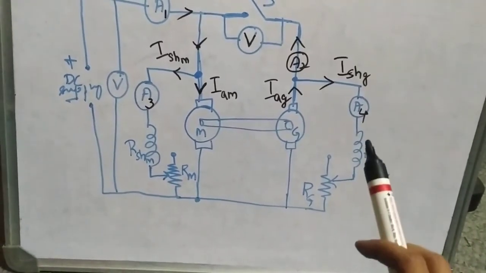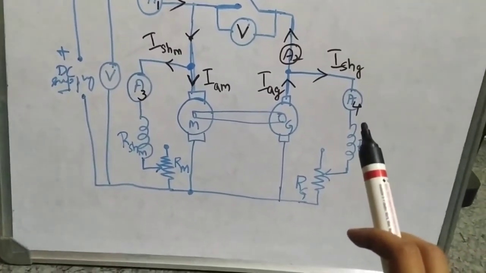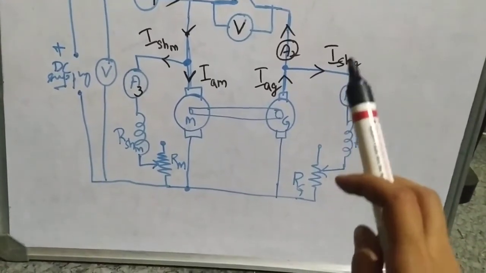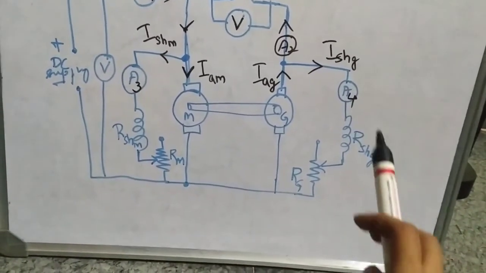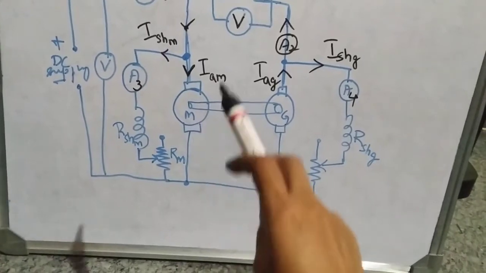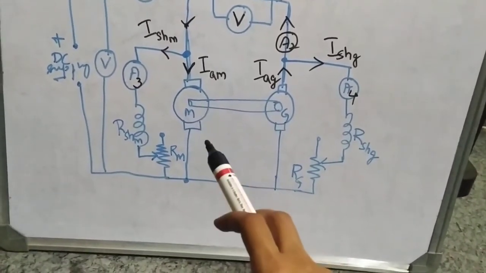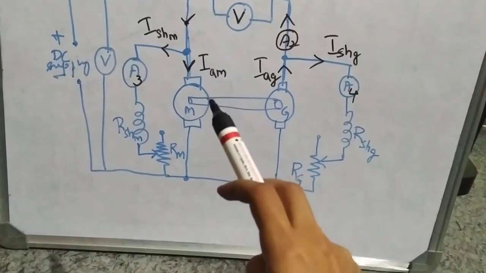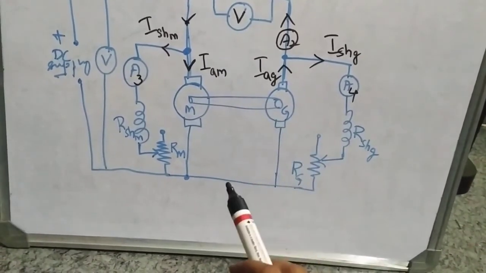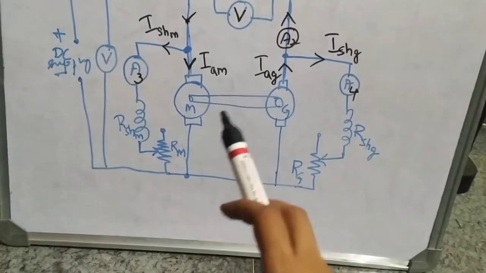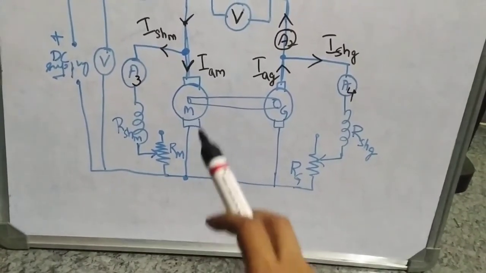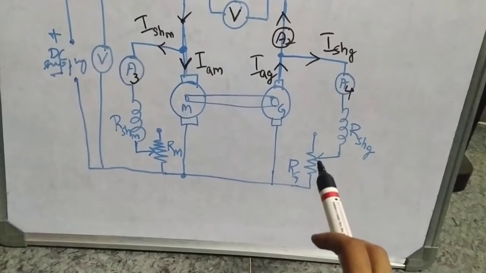The other machine, which is coupled to the first, will act like a load. Both the machines are coupled to each other. The first is acting as a motor, and the second one will be acting like a generator.